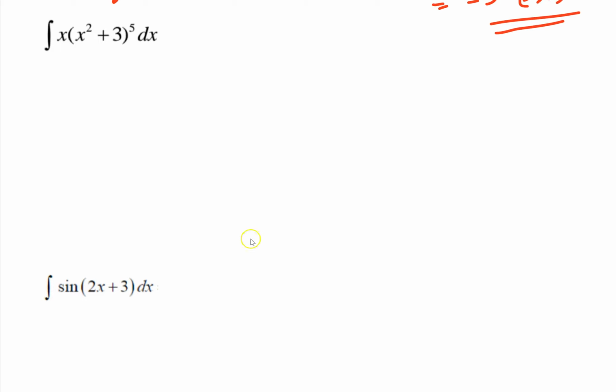Anyway, next one, right? Same concept. Find our u. Stuff on the inside. So this is going to be u is equal x squared plus 3. Then we're going to take a derivative of both sides. Derivative of u, du over dx, because we're taking with respect to x. And over there it's going to be 2x, the 3 goes away. Now let's try to get the dx by itself.